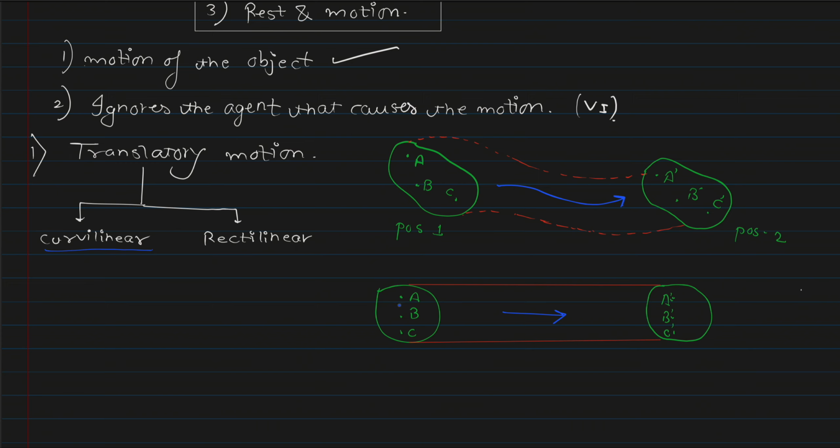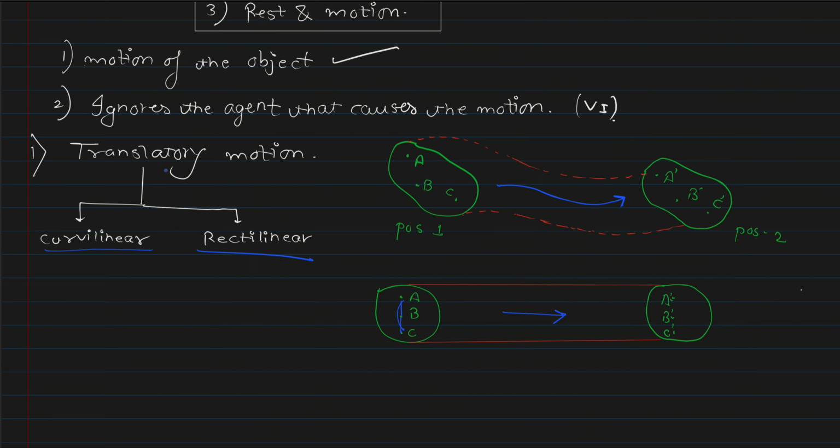The distance between A and B, the distance between B and C, and the distance between A and C remains the same all the time. Such a motion is called rectilinear motion. So this is what translatory motion is. As I said before, translatory motion can be of two types, curvilinear or rectilinear, and accordingly the path of every constituent particle is similarly curved or a straight line path.